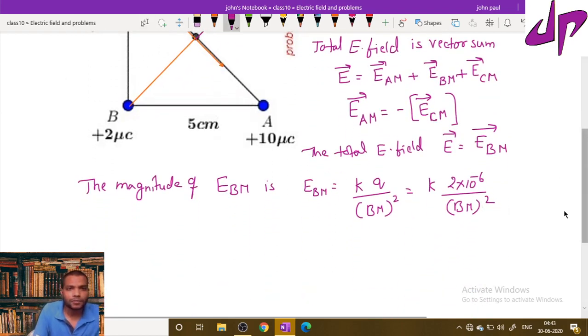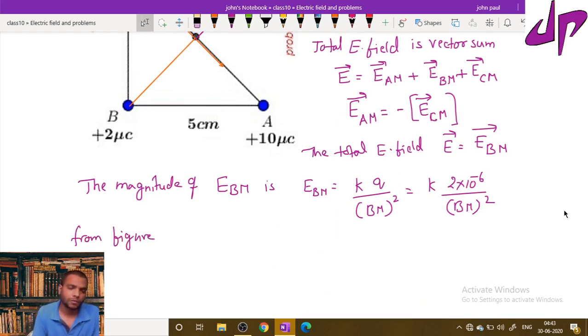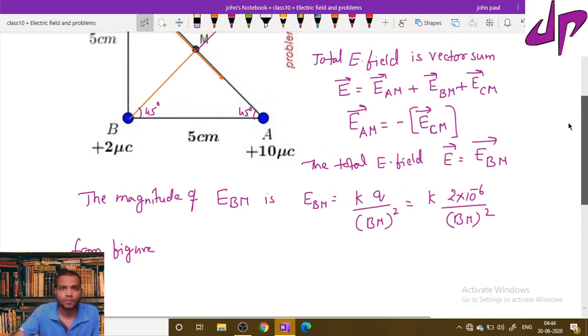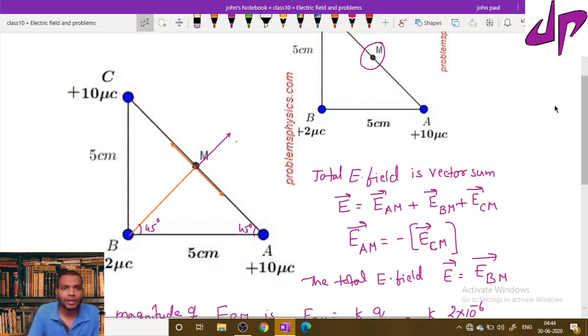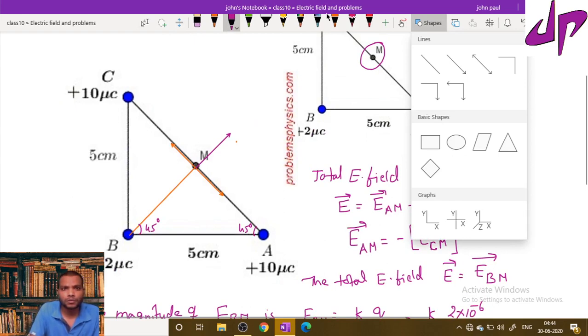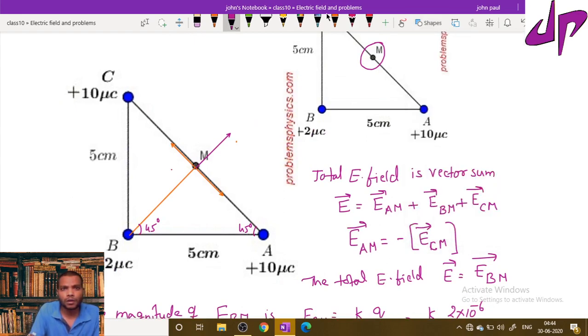For that, from the figure, since it's an isosceles right triangle, these two angles are the same, and this angle also becomes 45 degrees.